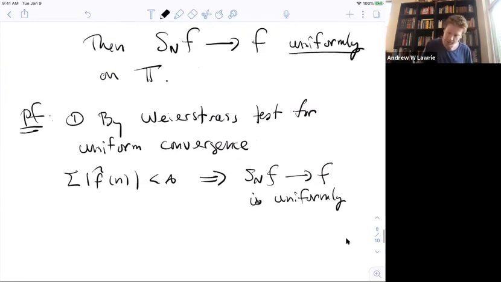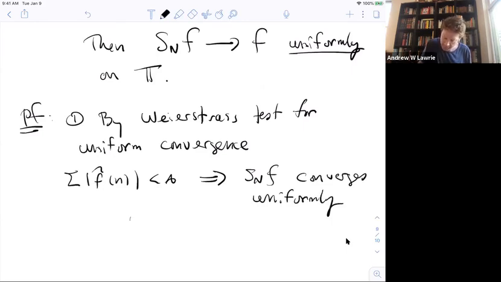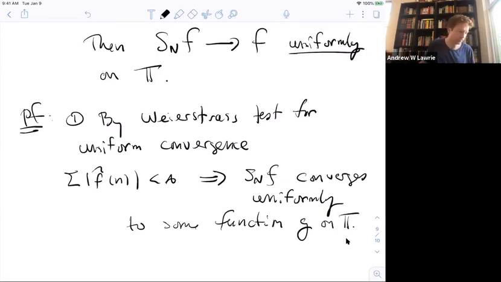Okay, sorry, I'm jumping the gun. This converges, maybe I'll write like this. This sequence of partial sums converges uniformly to some function g on the torus.